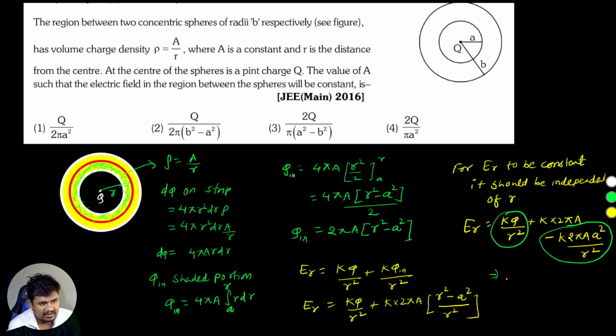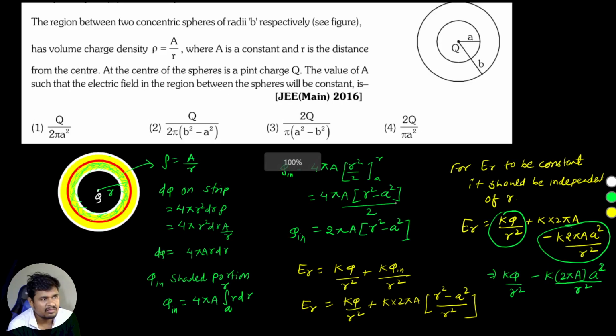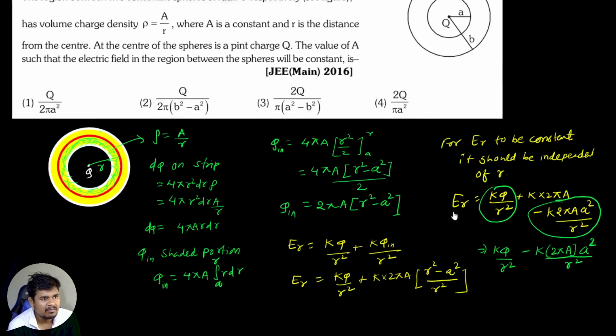So I will say that kq by r square minus k times 2 pi a times a square by r square should be equal to 0. Yes, we have to equate it.